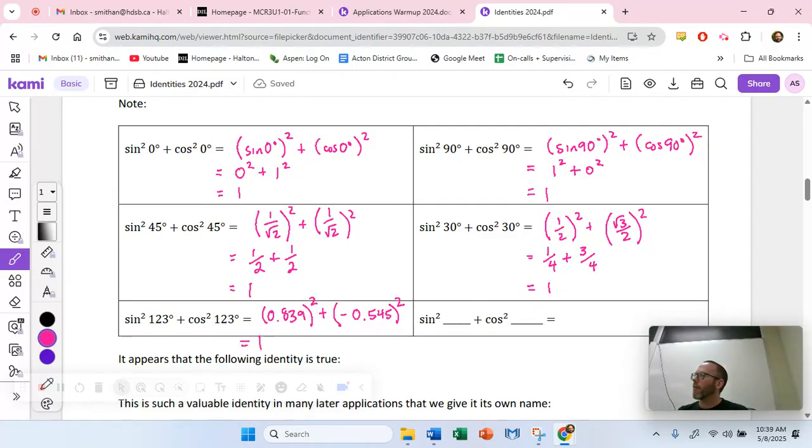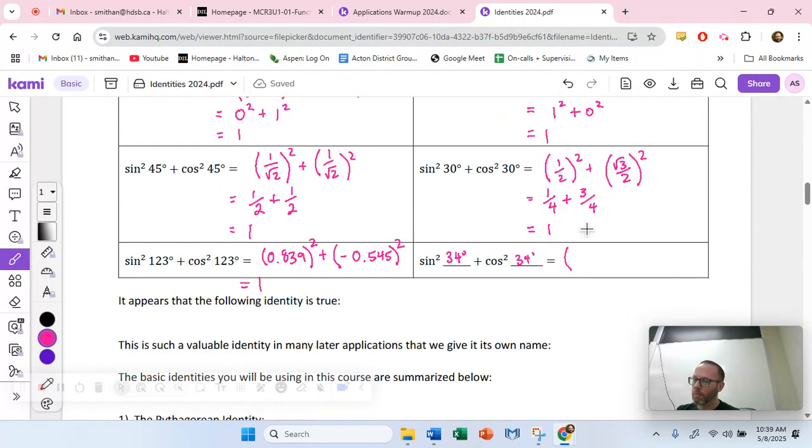If you're still not convinced, pick your favorite number and do the sine squared plus cosine squared of your favorite number. Now, if you're lame, then you can just do the one I'm doing. I'm going to pick 34 for Austin Matthews. It looks like this should give me 1.